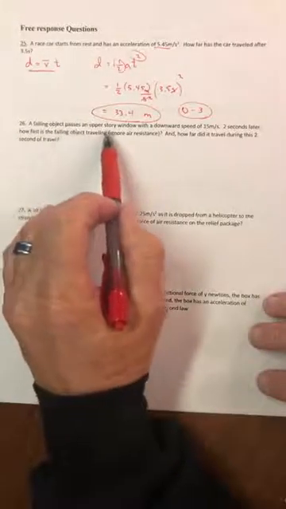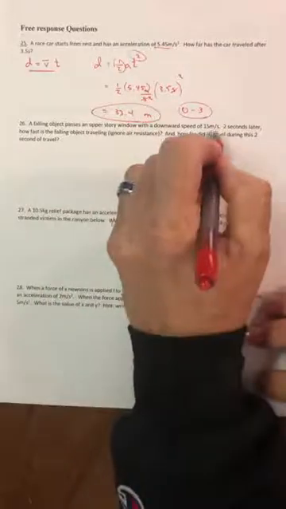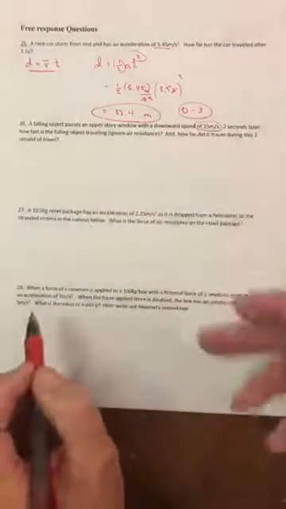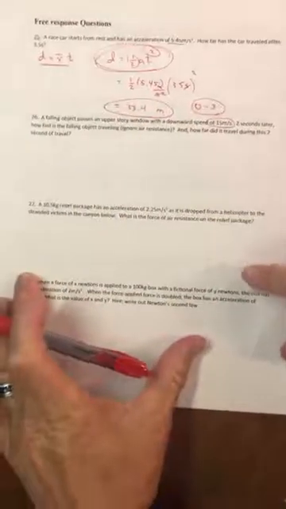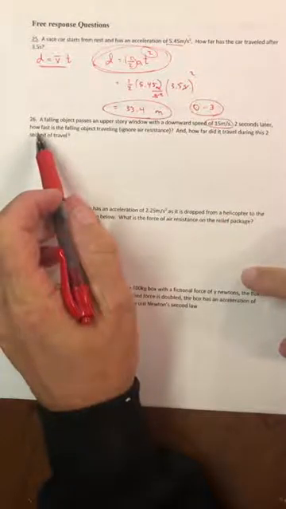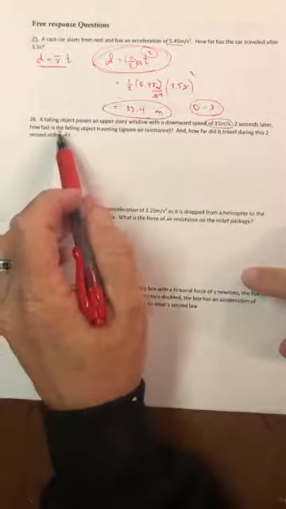Here's another moving object. A moving object, in this case, passed into upper story window with a downward speed of 15 meters per second. So this already has an initial speed. So let's make sure we do not use this formula. That would be a mistake. 2 seconds later, how fast is the falling object traveling?